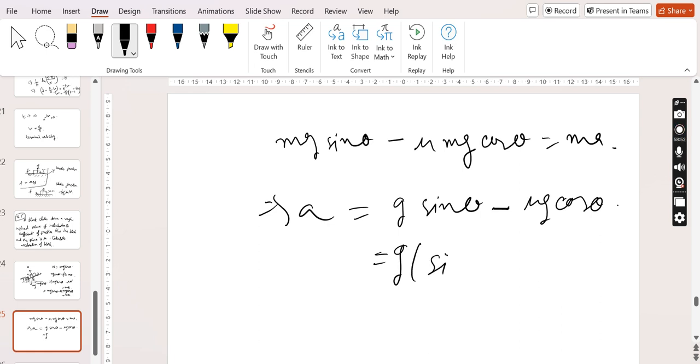We can take the g common. This is sin theta minus mu cos theta.